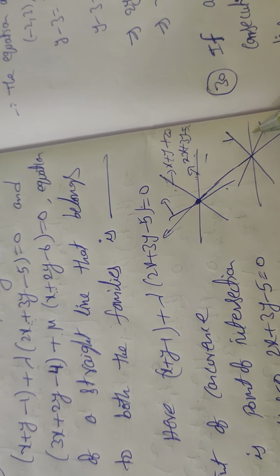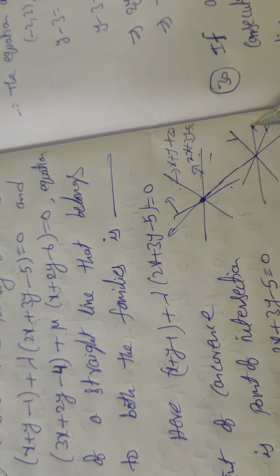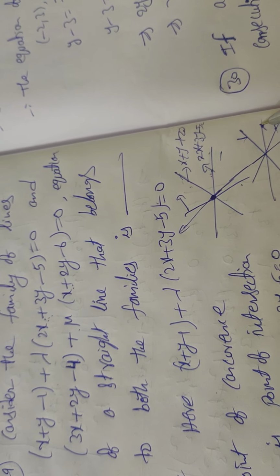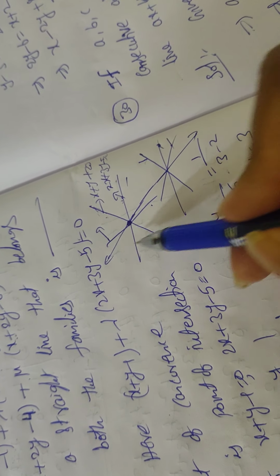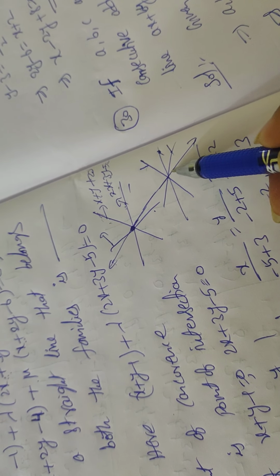So this is the given line, 3x + 2y - 4 + μ(x + 2y - 6). Now he is asking to find the straight line that belongs to both the families. That means it should pass through both the points of concurrency.